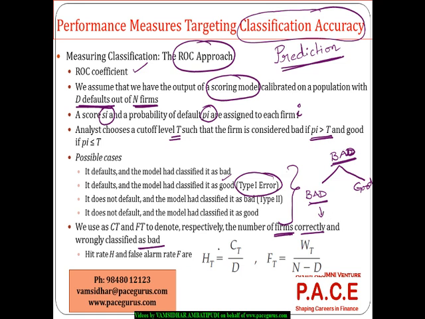That is what I am calling the hit rate: the number of firms correctly classified as bad divided by the number of actual defaulted firms. And here we are calling it wrongly classified as bad.